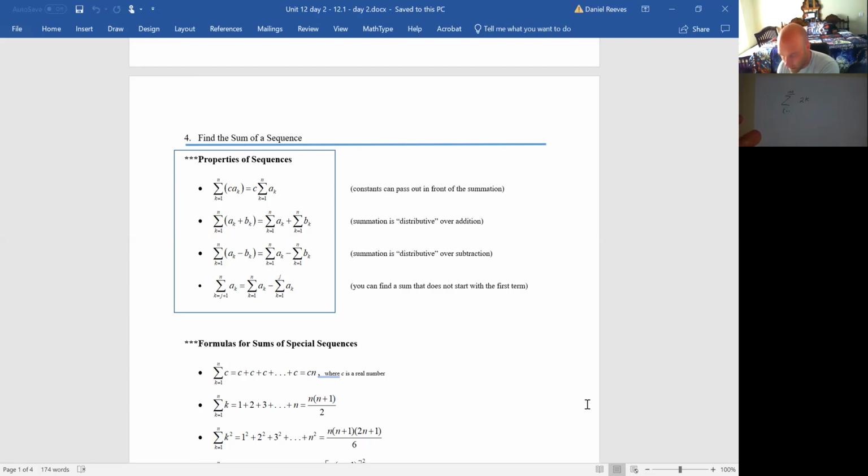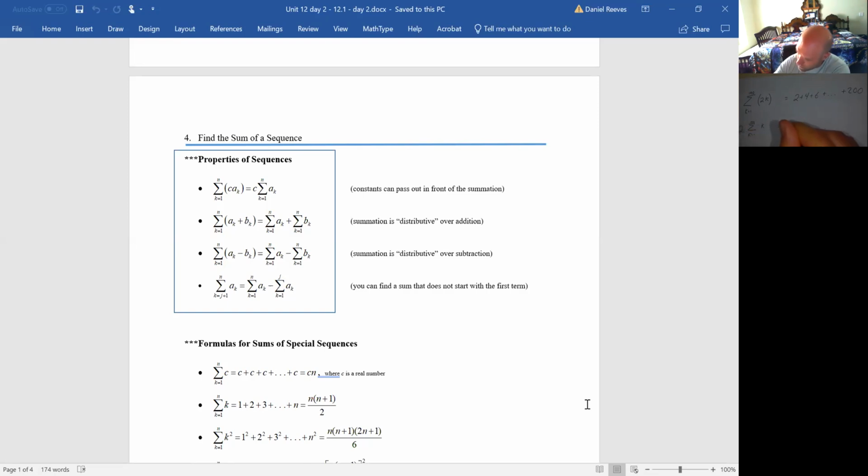Something like that. There it is, of 2k. So that would really equal 2 plus 4 plus 6 plus dot, dot, dot. My last one would be plus 200. But it's the same thing as saying 2 times the sum from k equals 1 to 100 of just normal k.